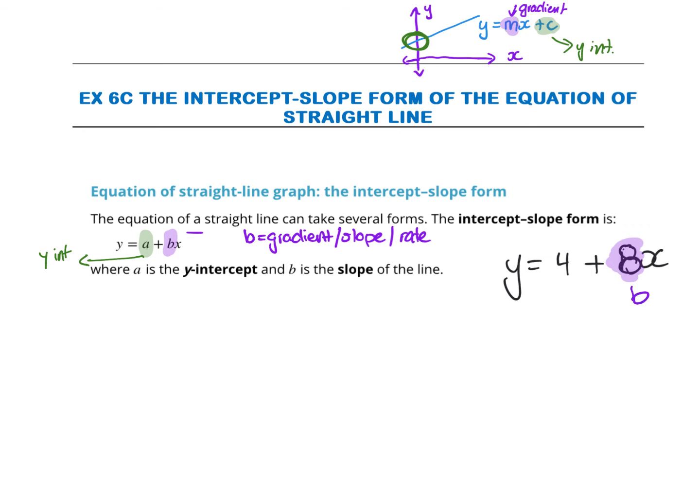And the 4 would be the a value, or the y-intercept. All the same rules still apply. If you wanted to find the b, the gradient, you can still do y2 minus y1 over x2 minus x1, or rise over run. They still all work. We're just using different letters to represent it.